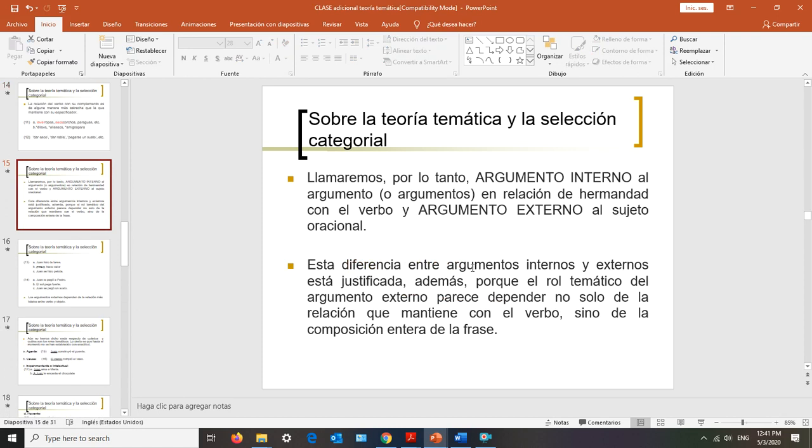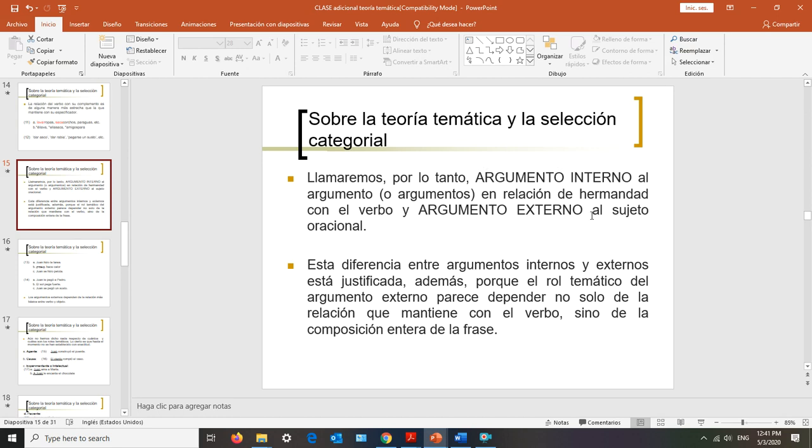So we're going to make the distinction between an internal argument and an external argument. An internal argument is the complements, meaning the argument or arguments that are selected for by the predicate. Don't worry about this sister relationship, but selection is fine, that is selected for by the verbal predicate in this case.